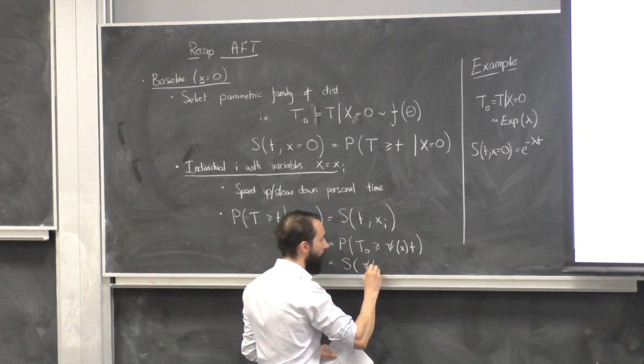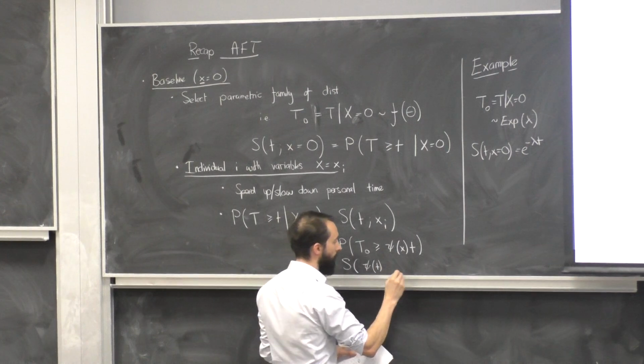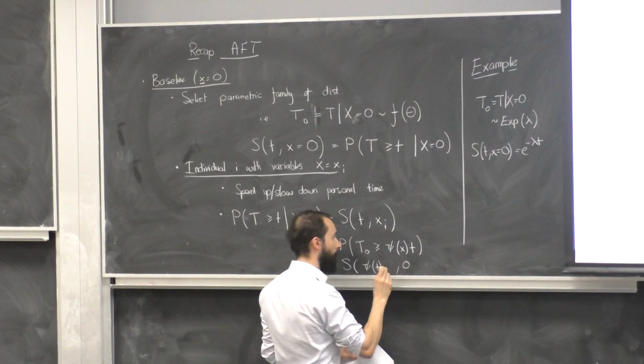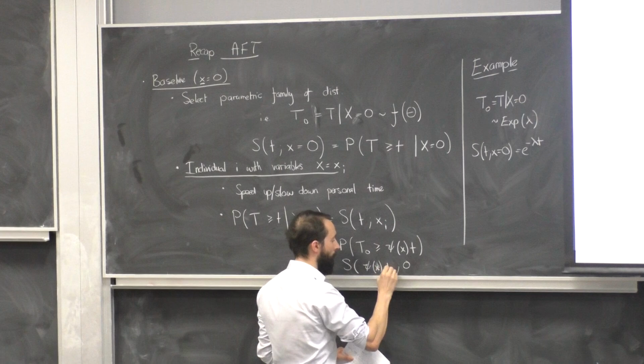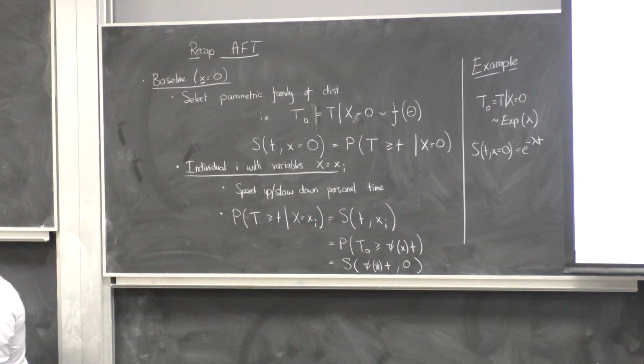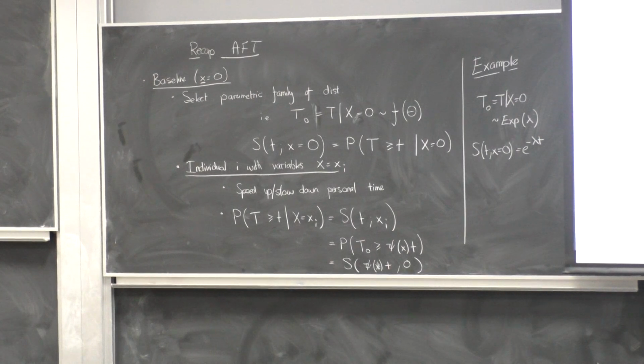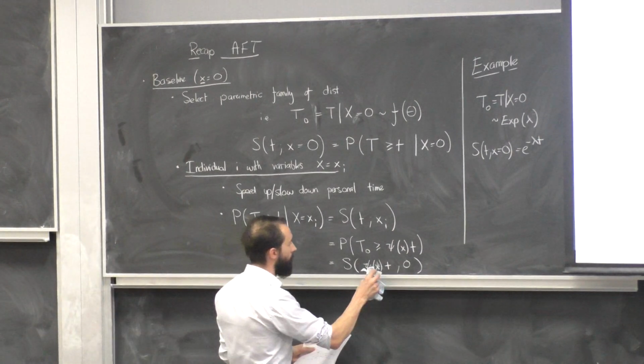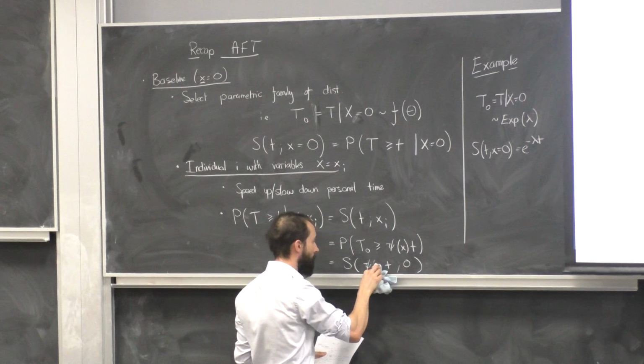So that's just the survivor function for my baseline individual at time psi of x times t. Let's try and make that a bit neater.